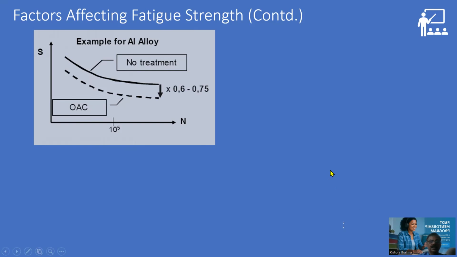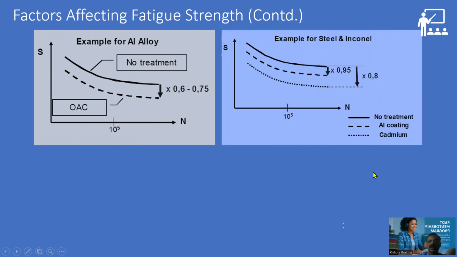In that case, your SN curve will be reduced by 60 to 75%. In the case of steel and alkaline, depending on the type of coating, whether aluminum or cadmium, you will have a different reduction factor in the fatigue life.